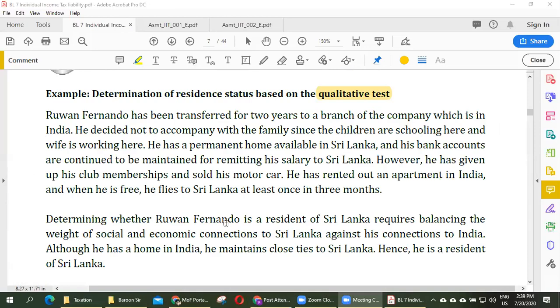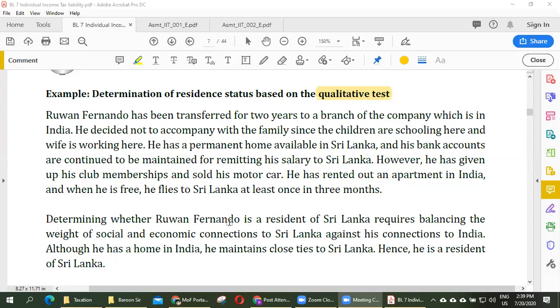Determination of resident status based on the qualitative test. Juan Fernando has been transferred for 2 years to a branch of a company in India, right? He decided not to accompany with the family since the children are schooling here and the wife is working here.